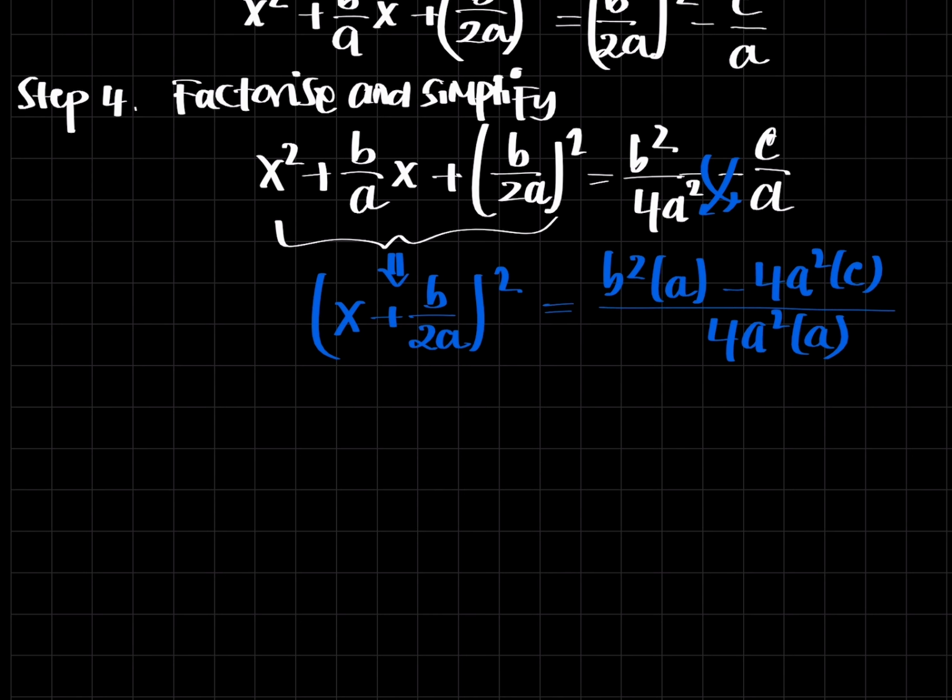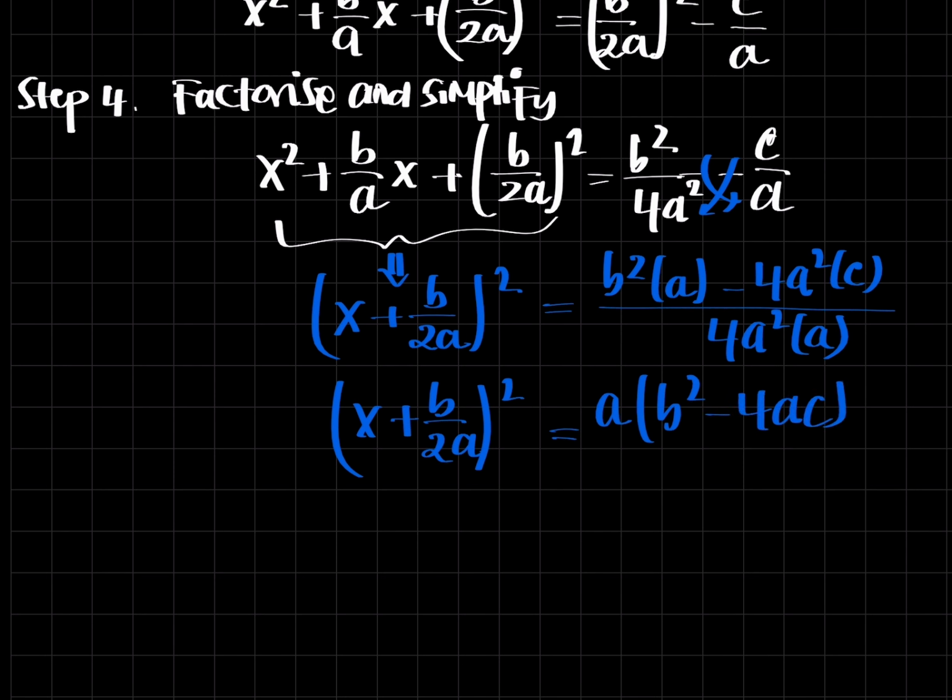x plus b over 2a, squared, equals, you take out a from each term, so a, then what remains is b squared minus 4ac over 4a squared.